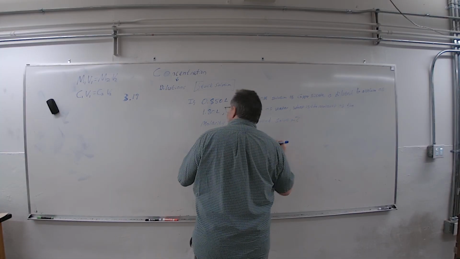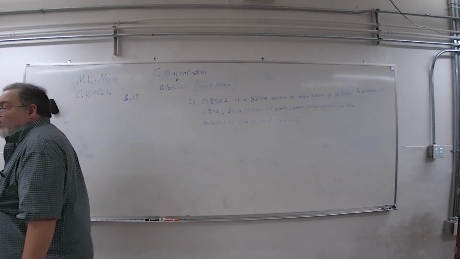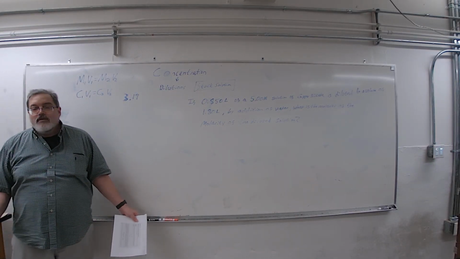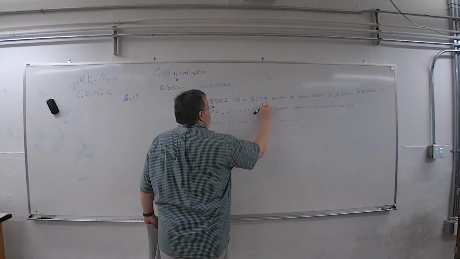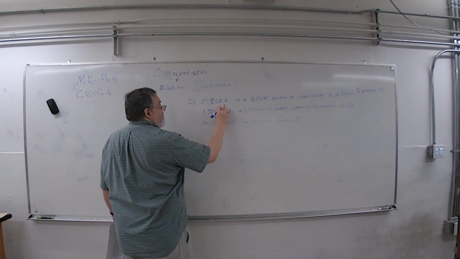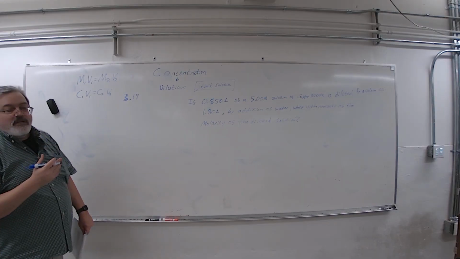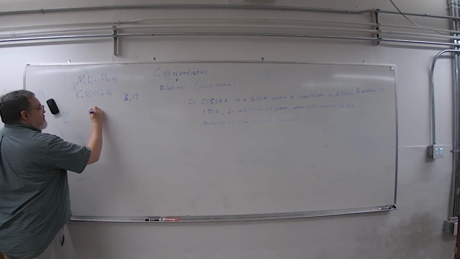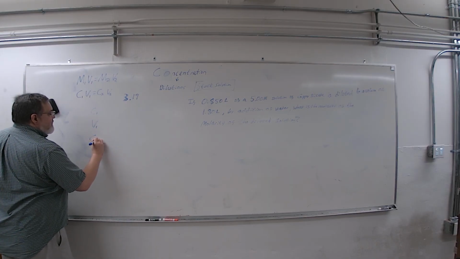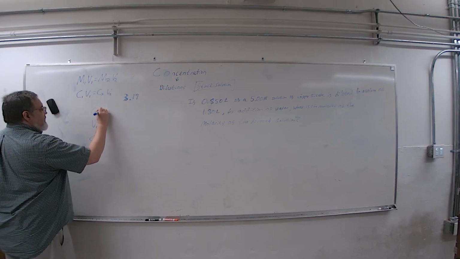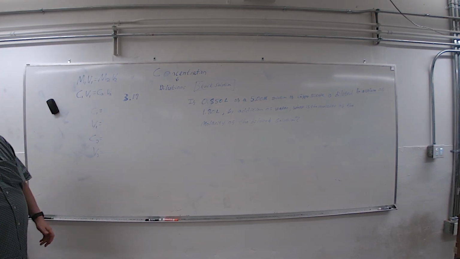For these types of problems, notice you've got 4 variables, and as long as you've got 3 out of 4, you can solve all 4. Just typical algebra. This is a C concentration, this is a V volume, this is a V volume. We're solving for one of the C's. As long as you can identify C1, V1, C2, V2, as long as you can identify what's what when you read the problem, then it's just plug and chug.